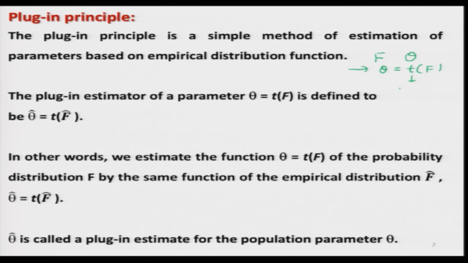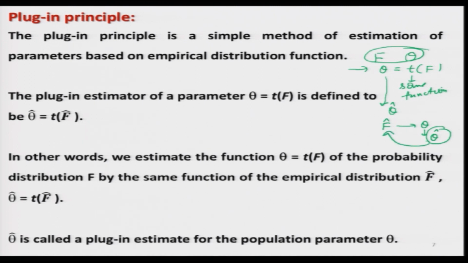This is some function, and from this we try to estimate theta hat. But now my problem is this: we don't know this F or theta. Rather, I have the empirical distribution F hat. But my objective is the same, that I want to estimate the same parameter theta by the same estimator theta hat. So the question is how to estimate theta hat on the basis of F hat.